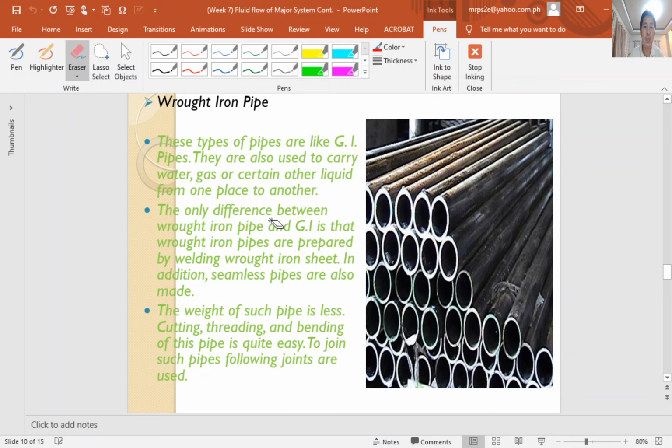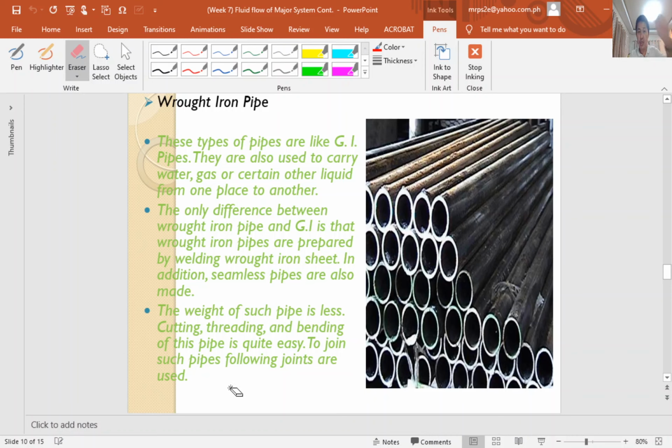The only difference between the wrought iron pipe and the GI pipe is that wrought iron pipes are prepared by welding wrought iron sheet. In addition, seamless pipes are also made. The weight of such pipe is less. Cutting, threading, and bending of this pipe is quite easy. To join such pipe, the following joints are used.